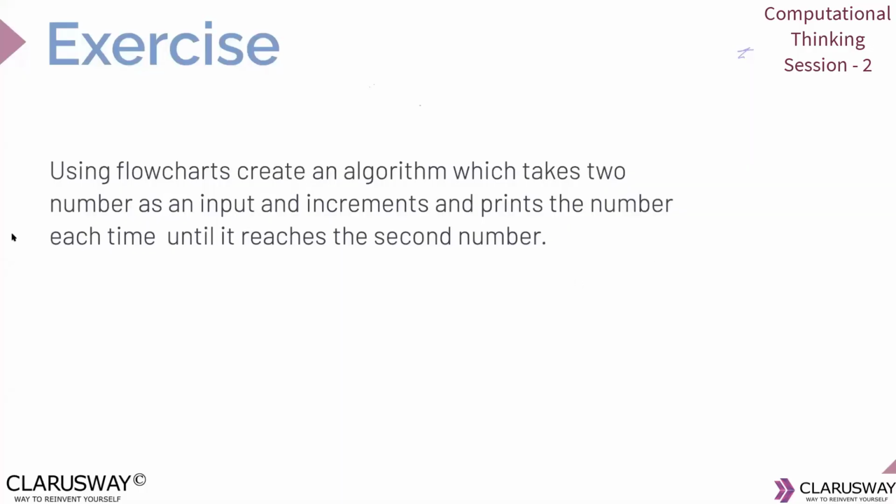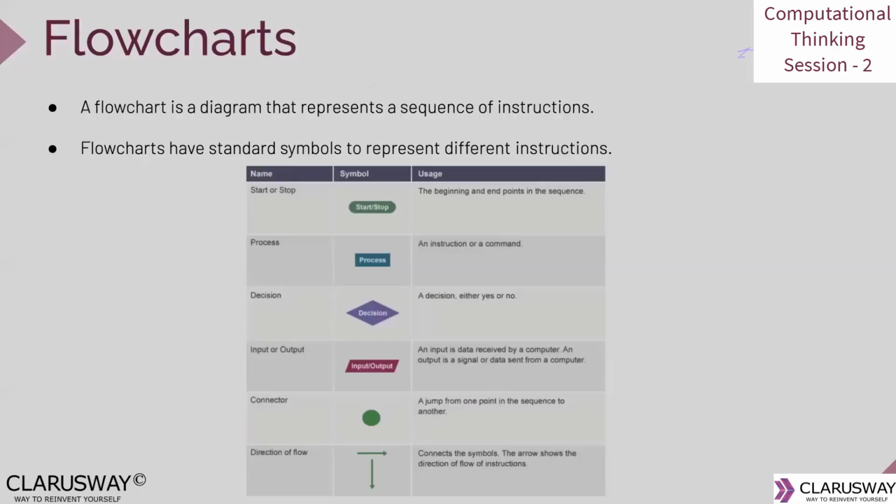Let me go back to the question. Takes two numbers and then increments and prints a number each time until it reaches the second number. So if the first number is less than the second number, we have to say decision is yes. So in the case of yes, in the case when number 1 is less than number 2, increment number 1. So that is the process box where we increment it. Yes, then we go to the process box with an arrow, and in there we say increment number 1 by 1, and then we go back to the decision box.